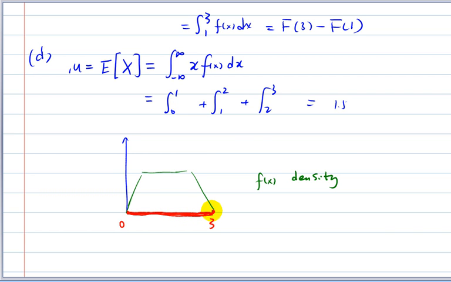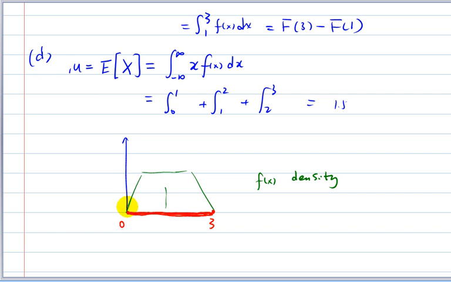Now, what we're looking for is the integral of x f of x. This is like a weighting function on x. So you're looking for the centroid. What's the centroid location for this piece of wire? The centroid location is due to your mass distribution, the mass density.